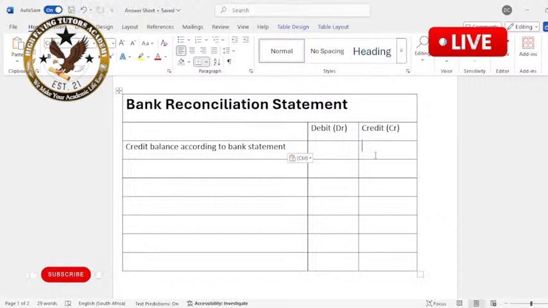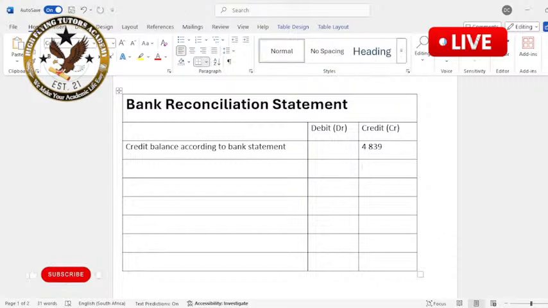So you go to the credit side, you say 4,839. And then that is how we must record these accounts. Remember, credit side of the bank reconciliation statement is the favorable side.